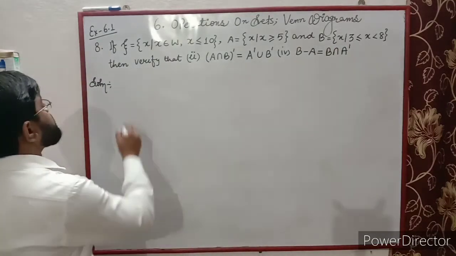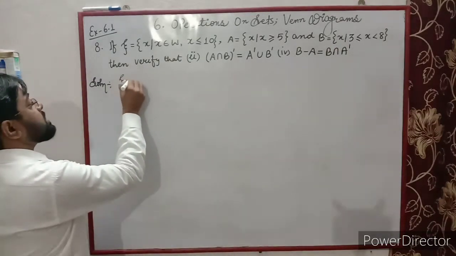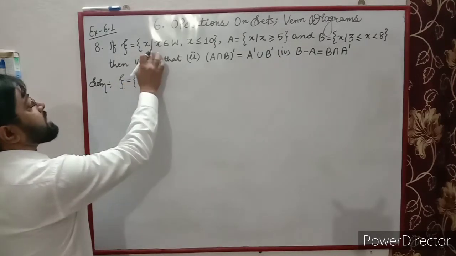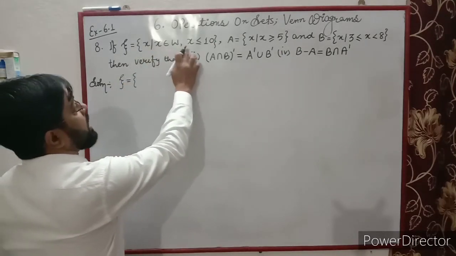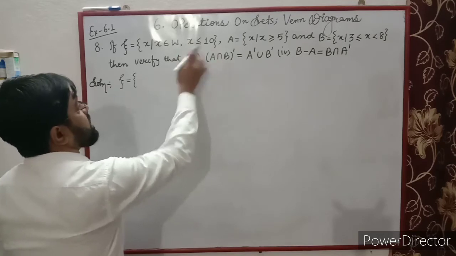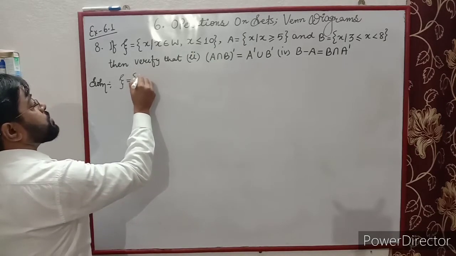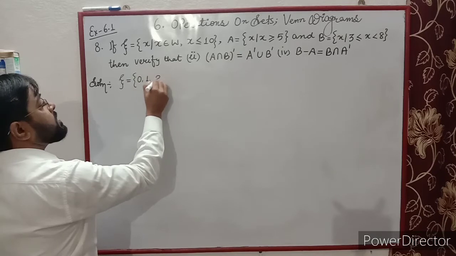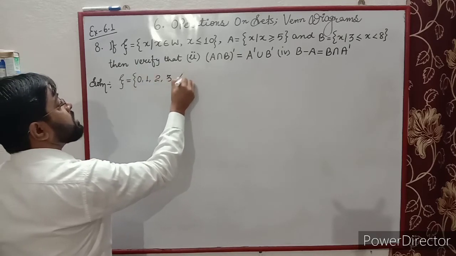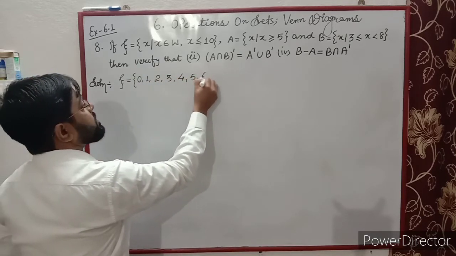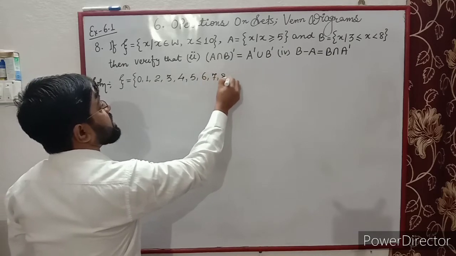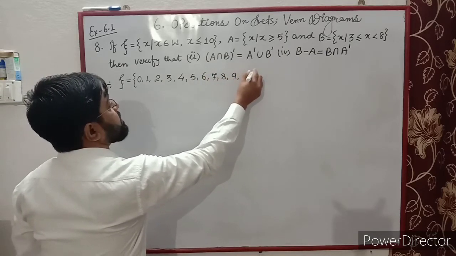So first of all, the universal set, x such that x belongs to whole numbers and x is less than or equal to 10, convert into roster form. So 0, 1, 2, 3, 4, 5, 6, 7, 8, 9, 10.